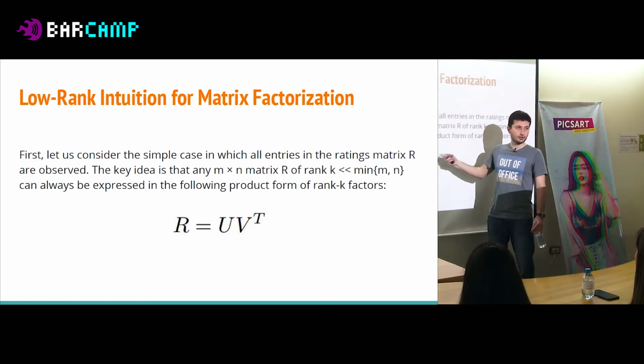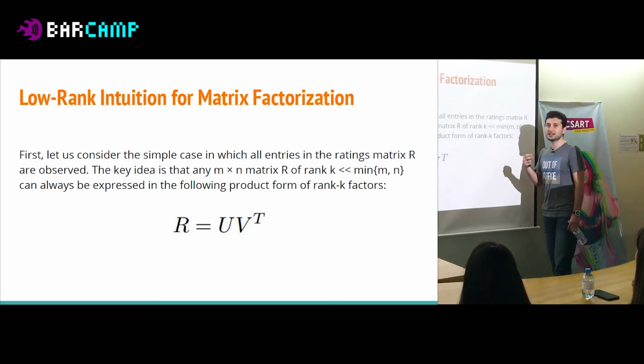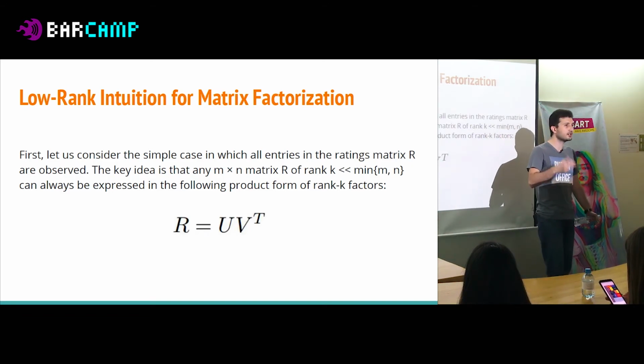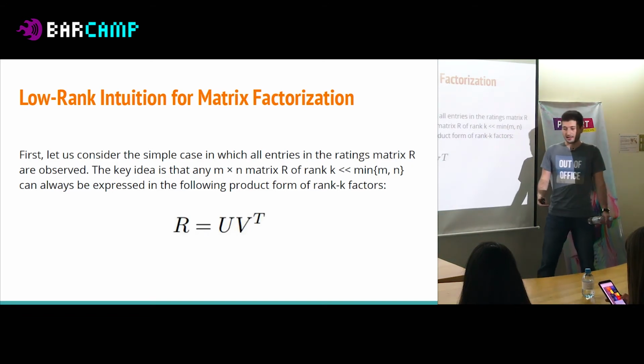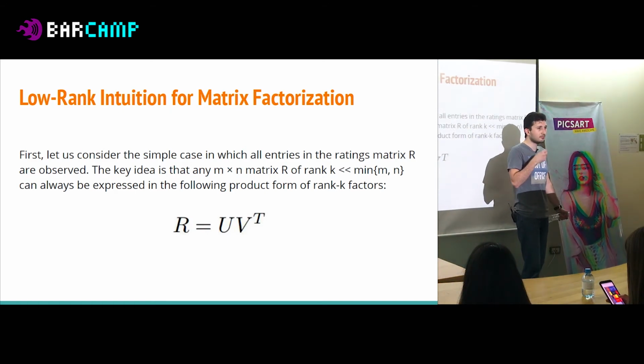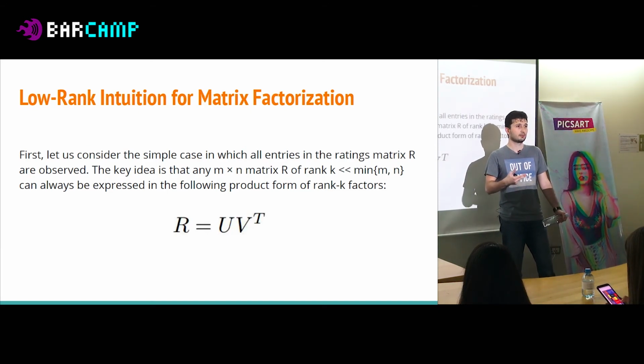But why do we still want to use it? There is one underlying property of collaborative filtering data. As I told you in the previous approach, neighborhood-based approaches work only because there is a similarity between users and a similarity between items, which means that these matrices are prone to dimensionality reduction.